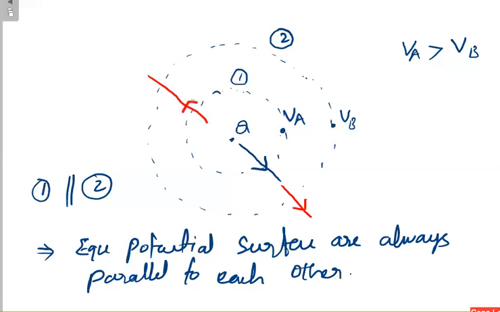This is the direction of the electric field. At any point of time, the electric field is always perpendicular to the equipotential surface. Another observation is that at any point, the E field is perpendicular to the equipotential surface.